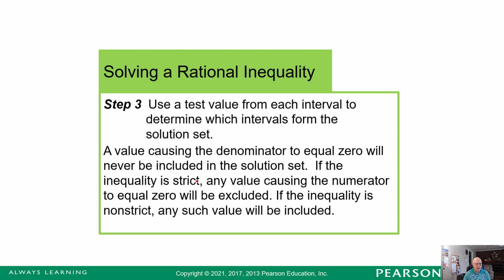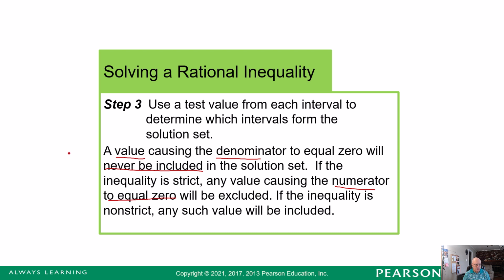If it's a value that causes the denominator to be 0, then we won't include that number. If it makes the numerator equal to 0, it's fine. So make a special note of that.